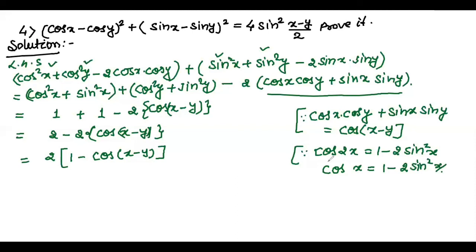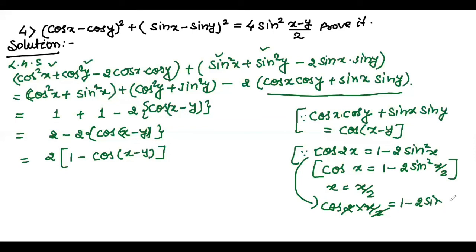This is called the half angle formula. Actually, we are using x equals x by 2, because of that we get cos of 2 into x by 2. So on the left hand side we get cos x, and on the right hand side 1 minus 2 sin square x by 2.